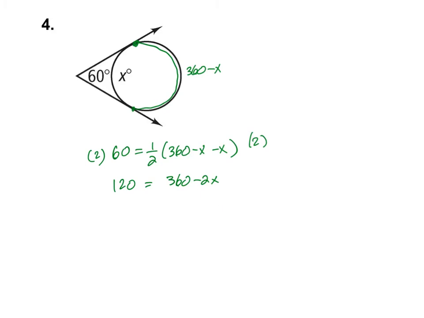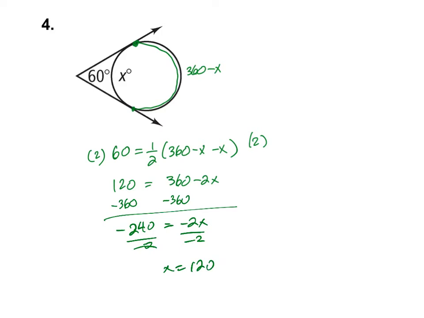Again, this other x comes from 360 minus x. This other x over here comes from that one, right? So minus 360, I have negative 240 equals negative 2x. And now I'm just going to divide by negative 2. So that means that x equals 120 degrees.